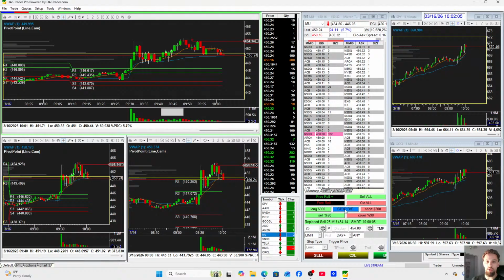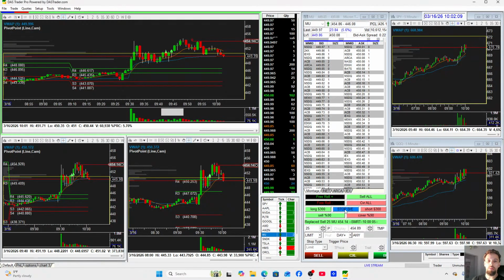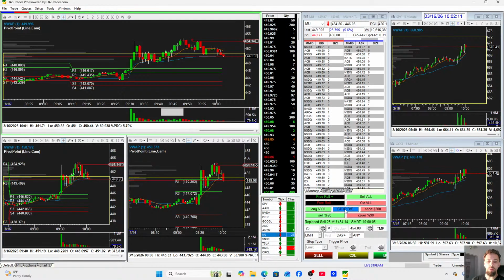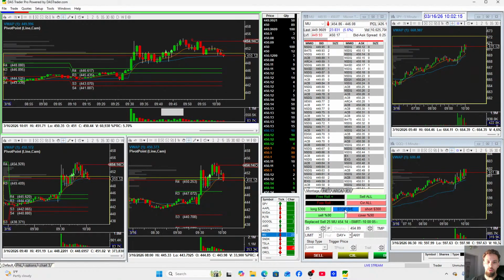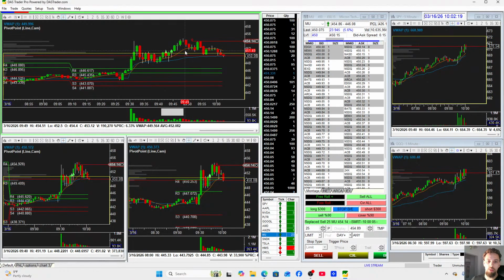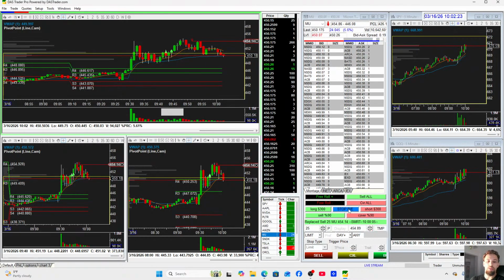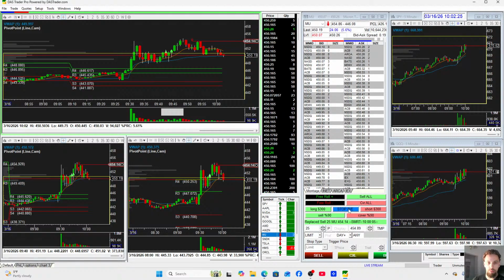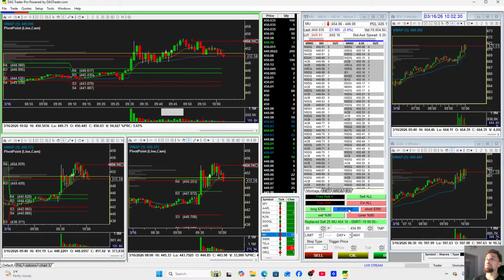$450 looking to get filled here. 450's filled. Let's see if it's going to push down or if buyers are going to step in here. Testing VWAP as well. This is where buyers really need to step in for me, if they're going to.